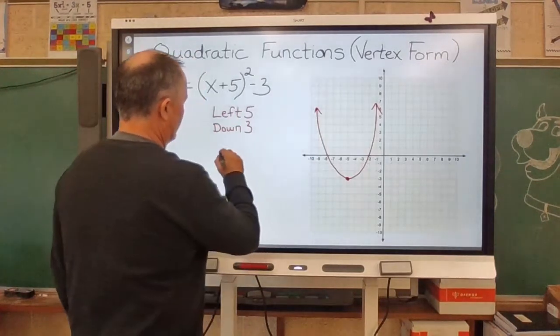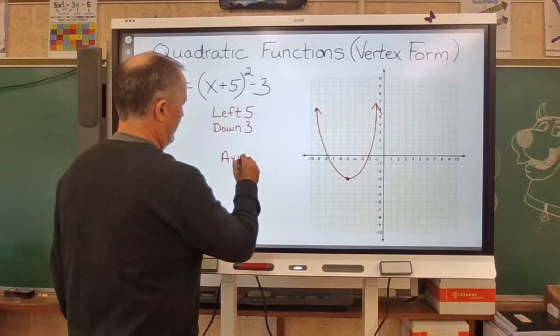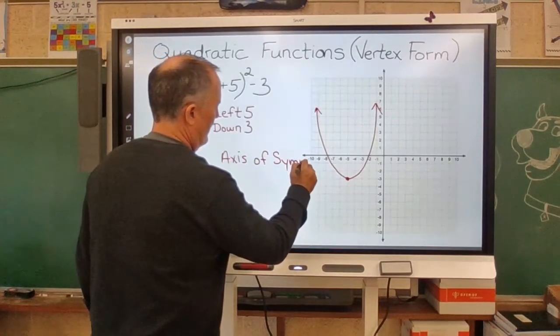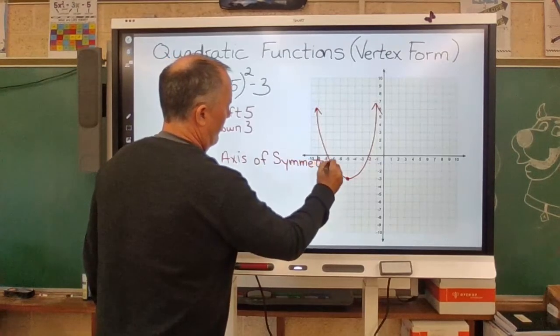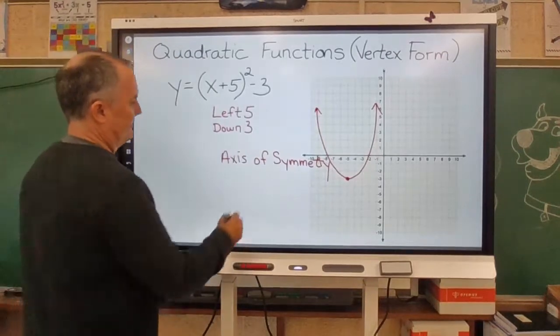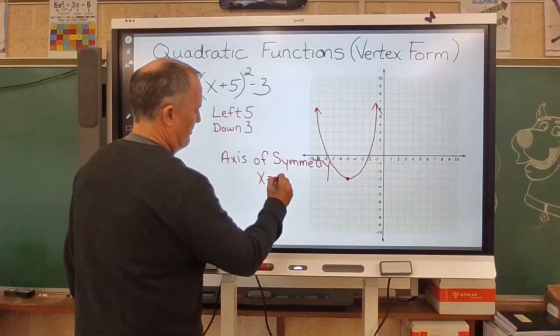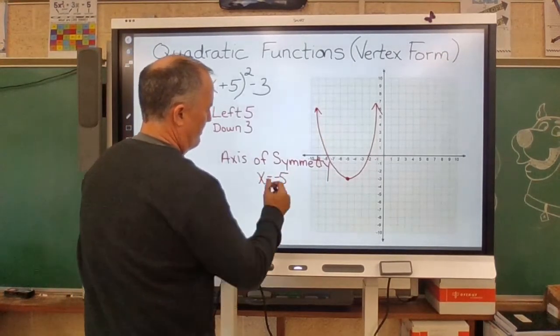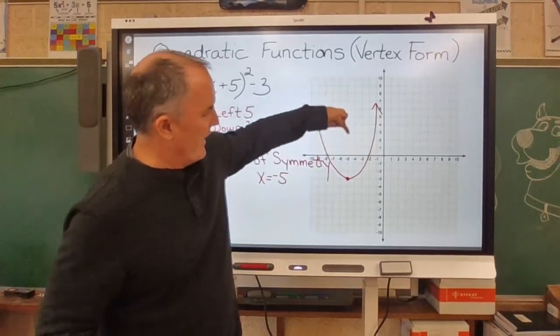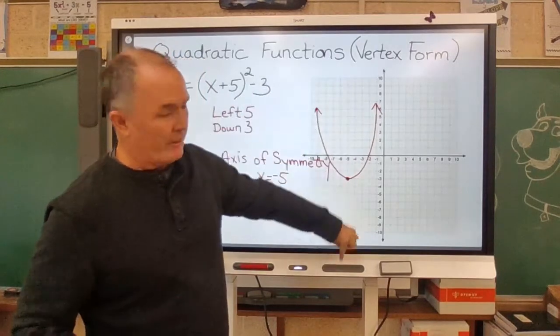All right, so it goes left 5, down 3. So my axis of symmetry would be x equals -5, because it's the x value. That would be the vertical line that goes straight through the vertex.